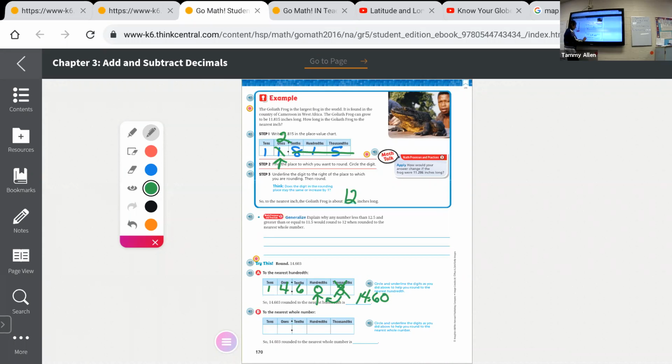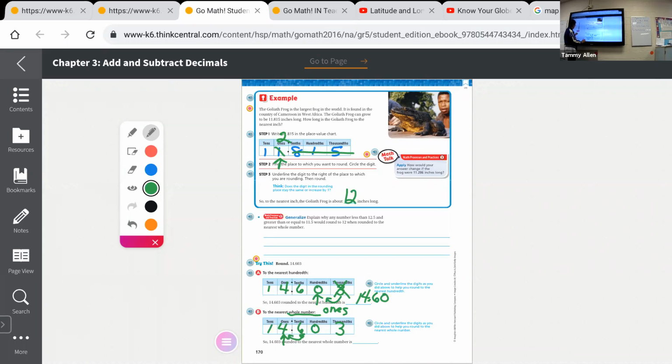If we look at the 14 and 603 thousandths again, this time they want us to round to the nearest whole number, which means to the nearest ones place. Whole number would be nothing after the decimal point when we're done. The 6 tells us to do what with the 4?